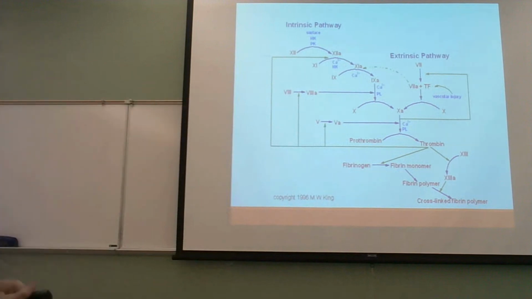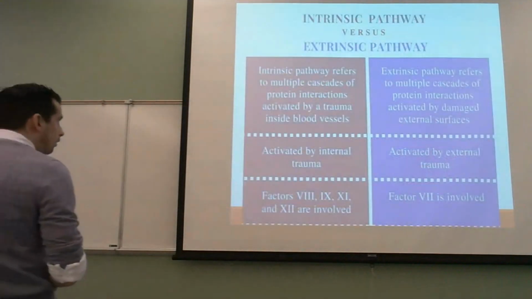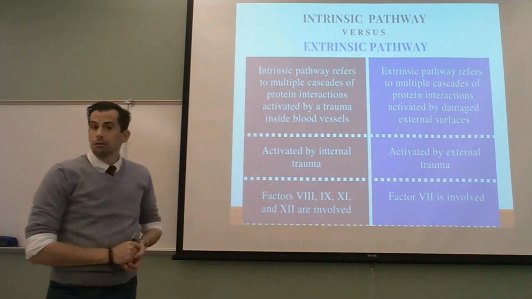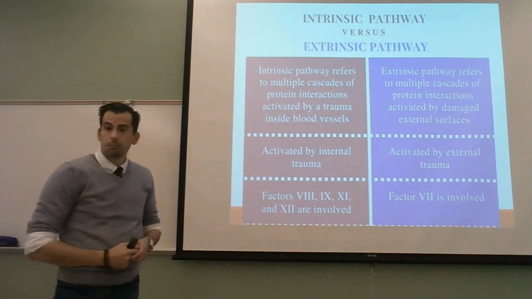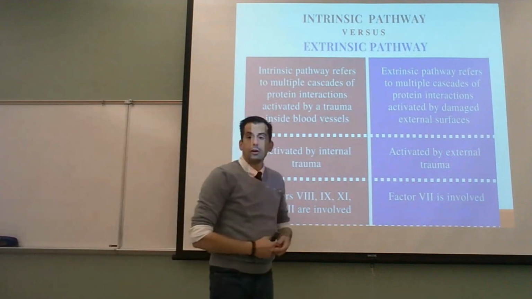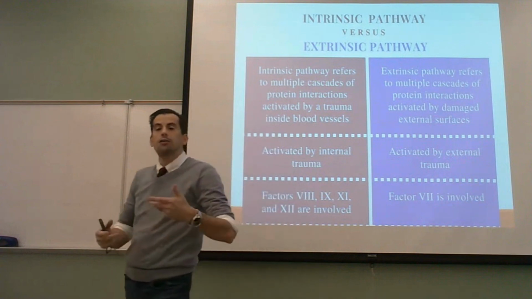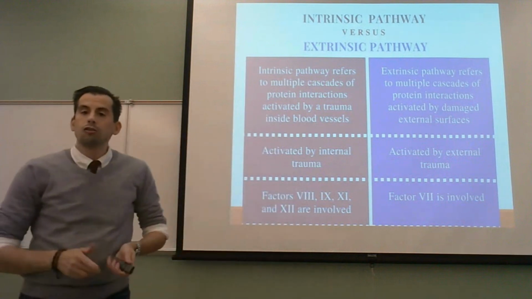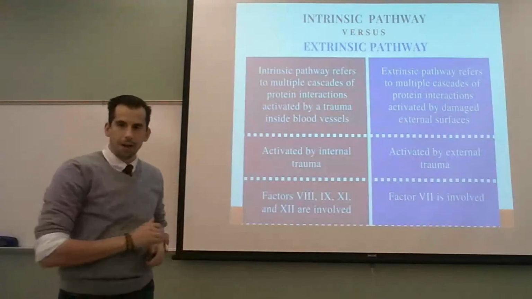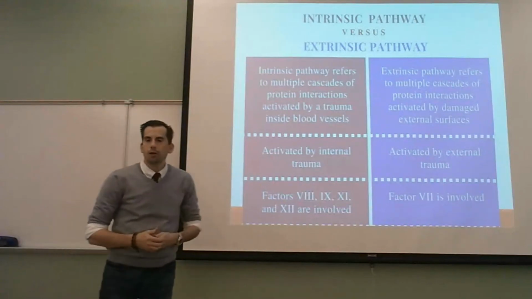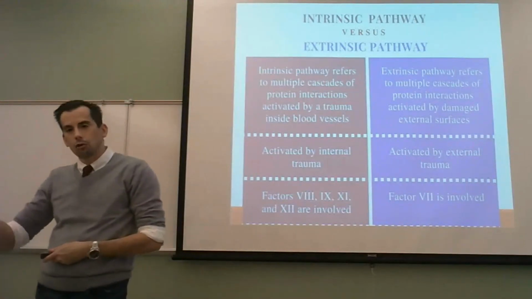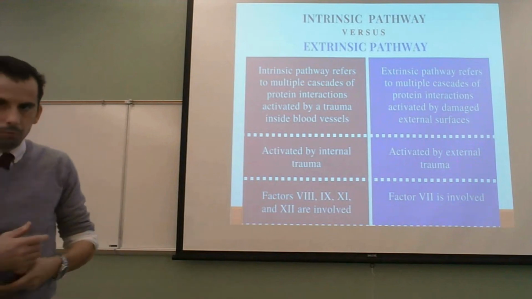However, what kicks off each of these pathways is going to differ. Intrinsic, based on the name, should help you infer that intrinsic pathways are going to be used because of internal vascular damage. Extrinsic pathways are going to be kicked off by external vascular damage.